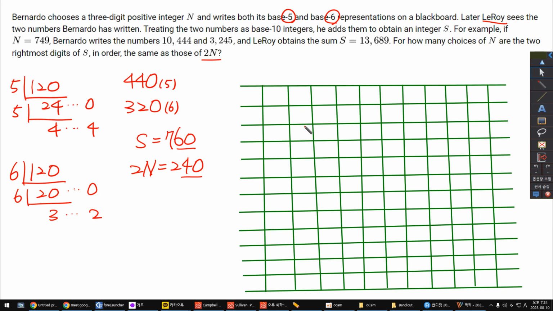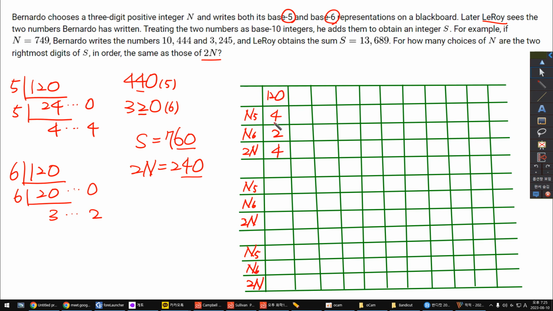Yeah, so what I can do is look at the second digit. In base 5, the second digit is 4. That is 120.